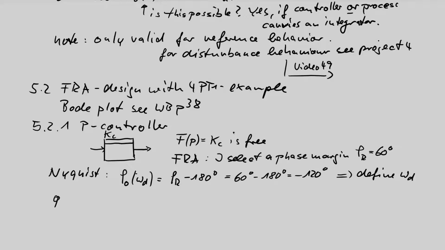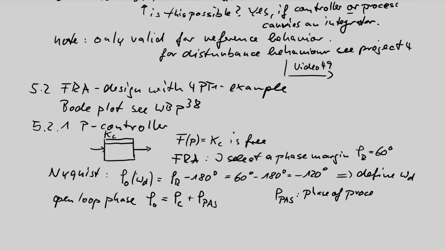Open loop phase is the sum of the controller phase plus the process phase. Process means with actuators and sensors. Note, the phase of PAS is called the phase of the process, including actuator and sensor.